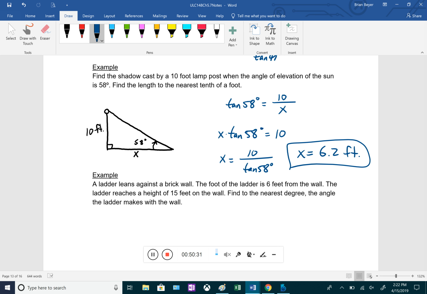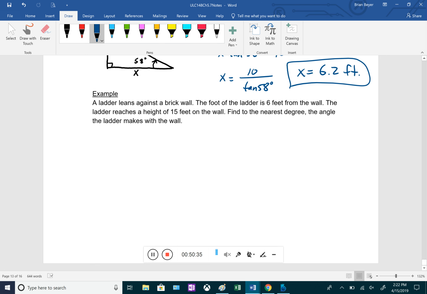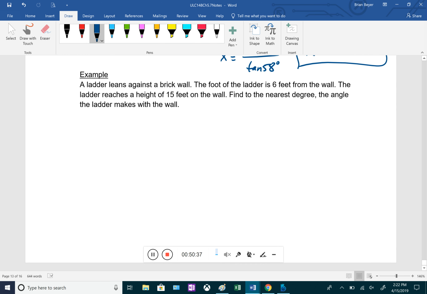Okay, last one here. A ladder leans against a brick wall. The foot of the ladder is 6 feet from the wall. The ladder reaches a height of 15 feet on the wall. Find, to the nearest degree, the angle the ladder makes with the wall. Drawing a picture, we have a wall and a ladder leaning against the wall.